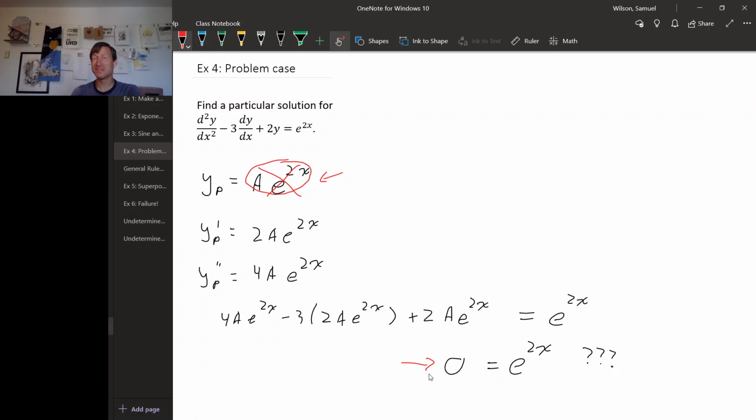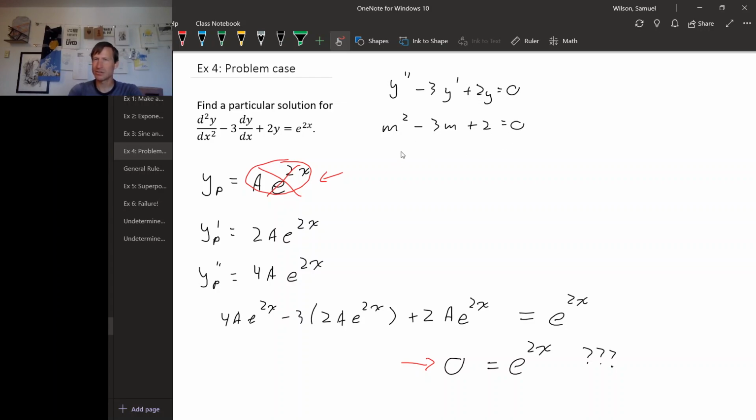Well, you might have noticed that we never actually found the complementary solution for this example. Usually we do that first, so let's go ahead and find the complementary solution. To do that, we need to write down the associated homogeneous equation, so y double prime minus 3y prime plus 2y equals 0. This has characteristic equation m squared minus 3m plus 2 equals 0.